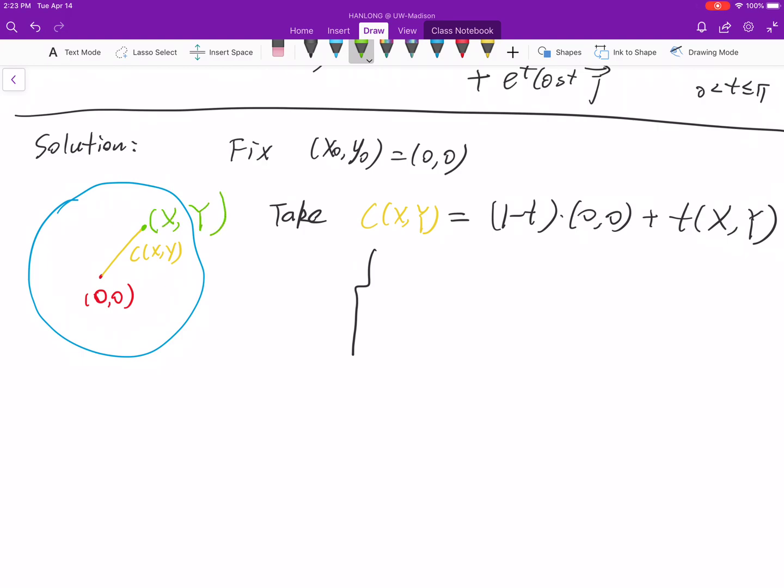As soon as you choose the ending point, you name it capital X and capital Y, you cannot change it. Now, if you still want to use small xy for the coordinate function, then you should have the following one. So this is a little bit confusing part.